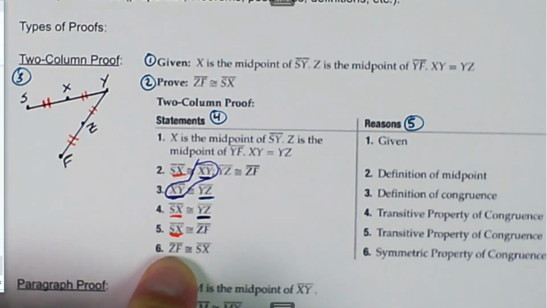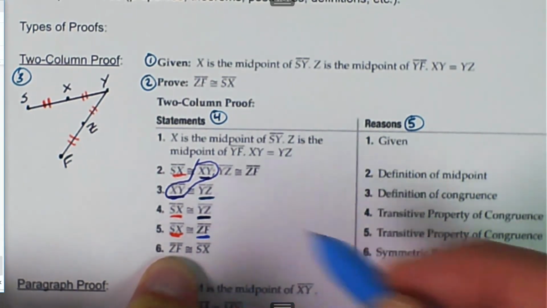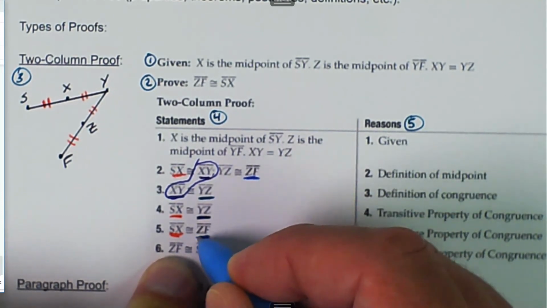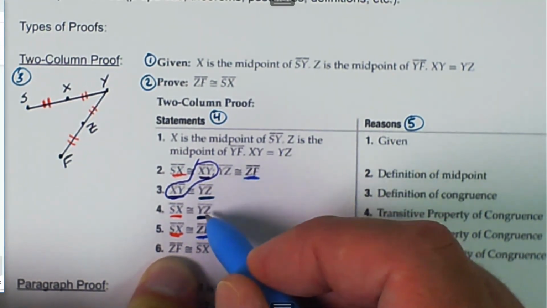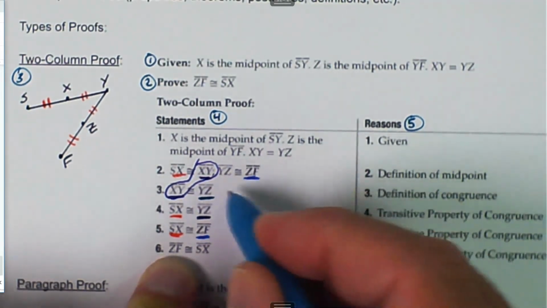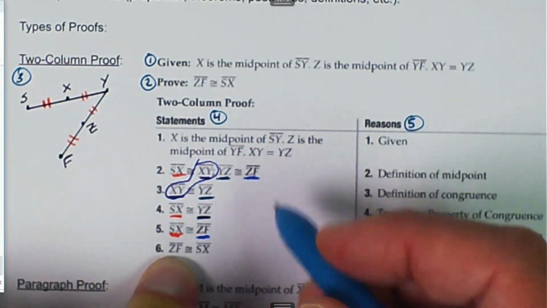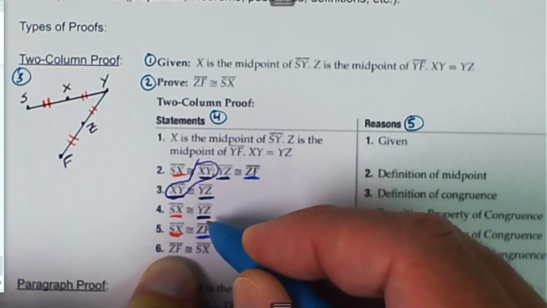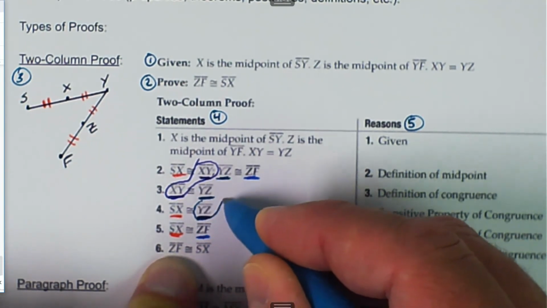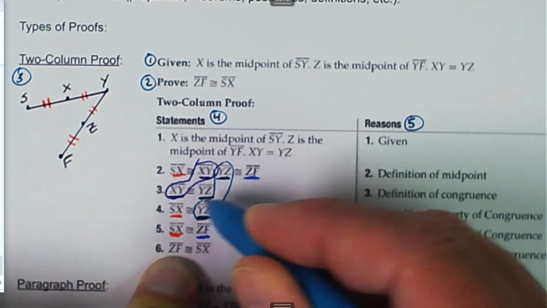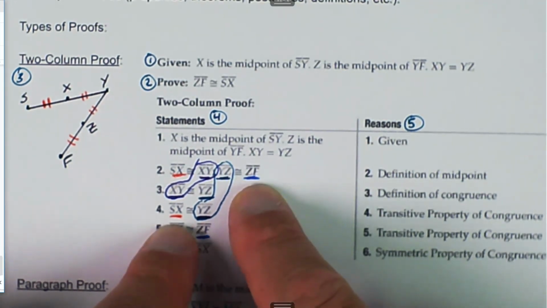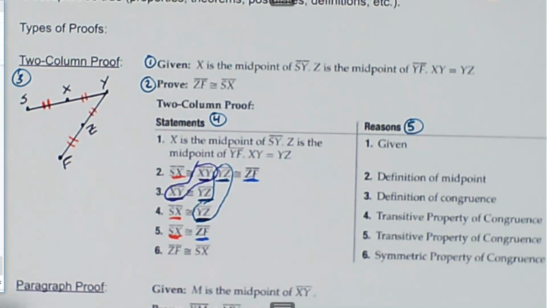And we haven't done ZF yet, so I'll put that with a blue. Where do we see ZF? Well, here's ZF, and that's YZ. We've already talked about YZ. So because SX is congruent to YZ, and ZF is also congruent to YZ, that means that those two have to be congruent to each other.